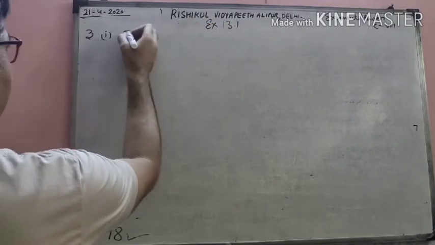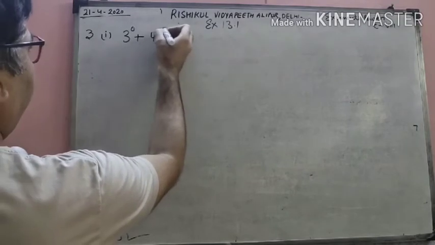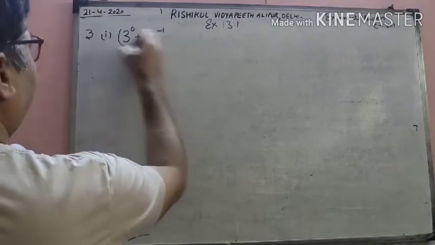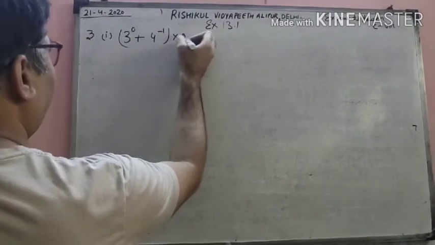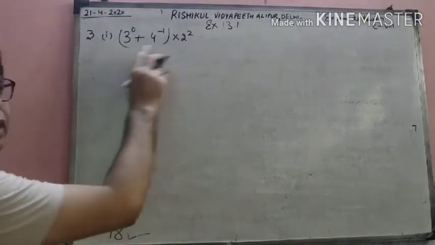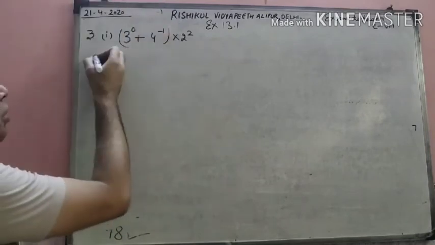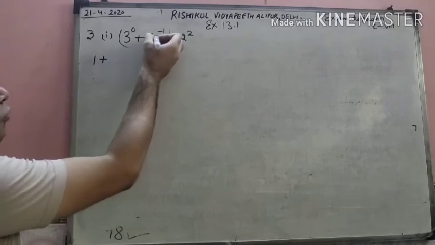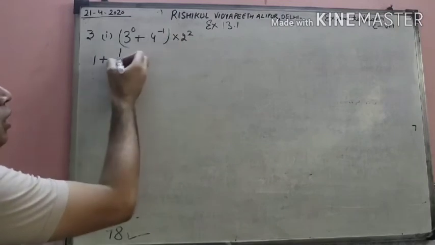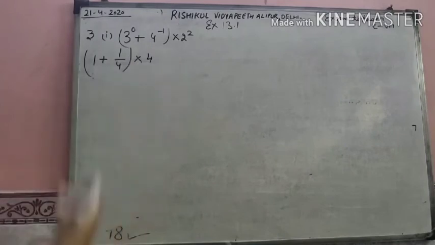The question is 3 raised to power 0 plus 4 raised to power minus 1 into 2 raised to power 2. How can we do it? Yes students, look at the board carefully. 3 raised to power 0 can be written as 1, 4 raised to power minus 1 can be written as 1 by 4, and 2 raised to power 2 can be written as 4.